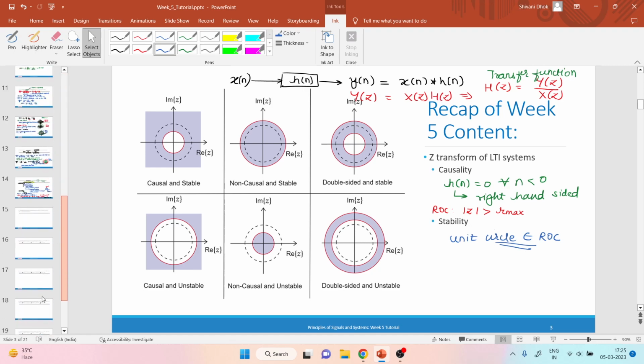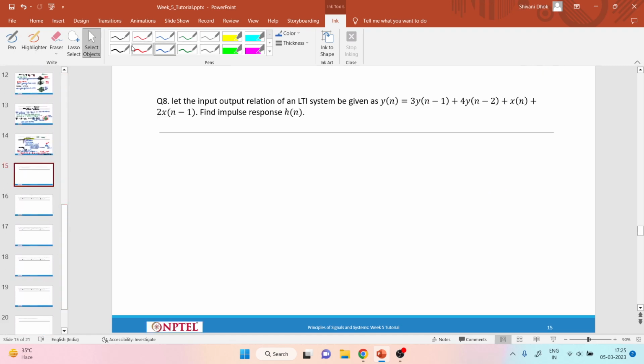So here what we have is, let's say my input x of n has z transform x of z, and my output y of n has z transform y of z, and my h of z into x of z is equal to y of z.